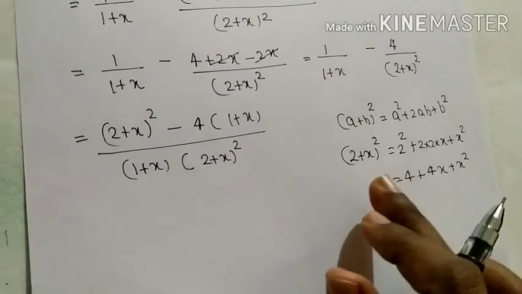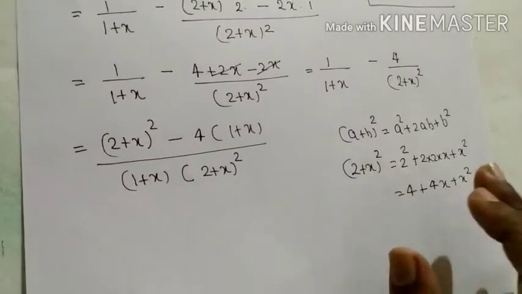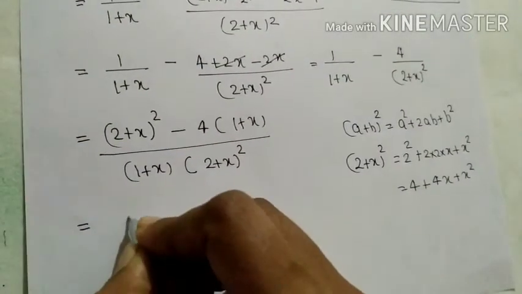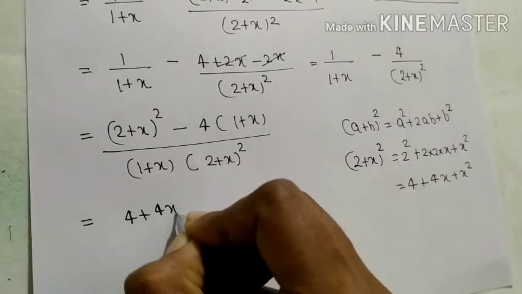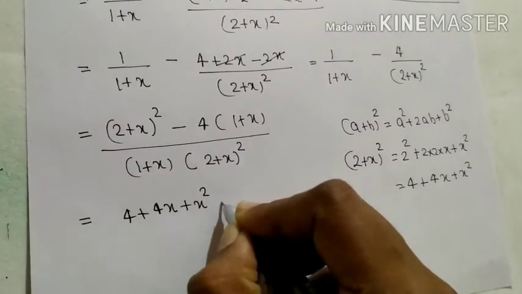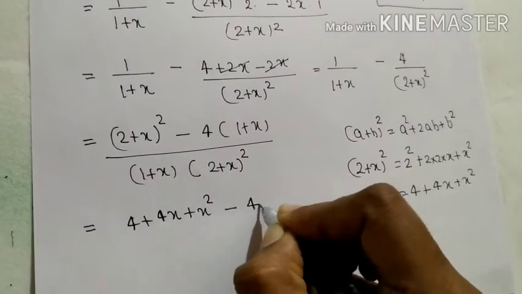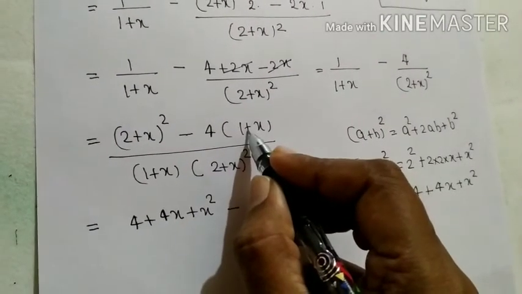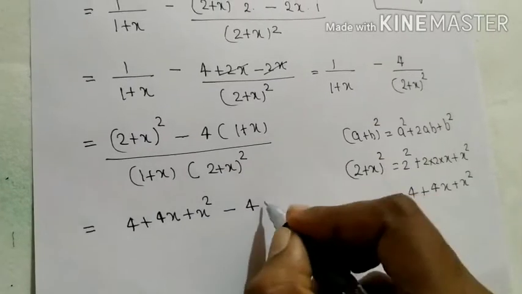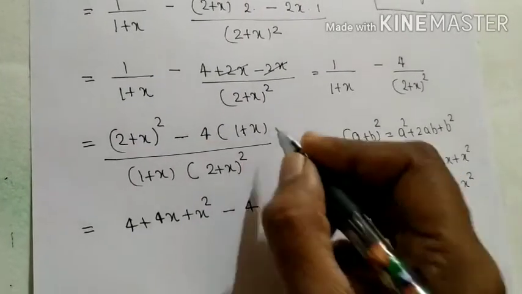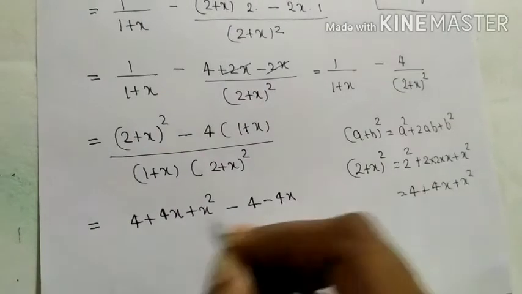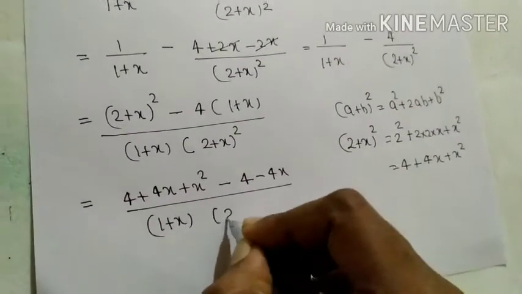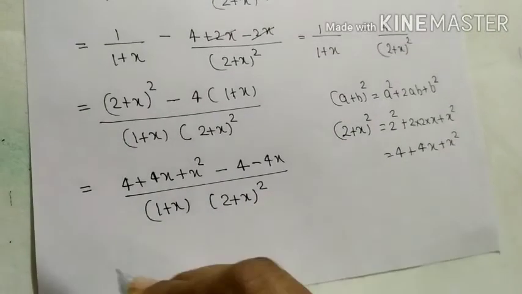Next I am going to substitute this answer. Here we get 4 plus 4x plus x square minus 4 into 1 plus x, and plus means minus, so it will become minus 4x here, whole divided by 1 plus x into 2 plus x whole square.